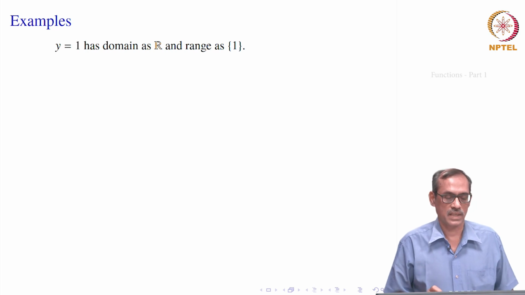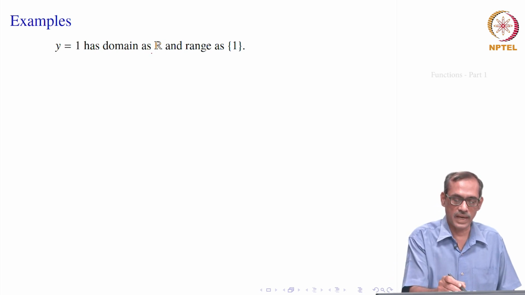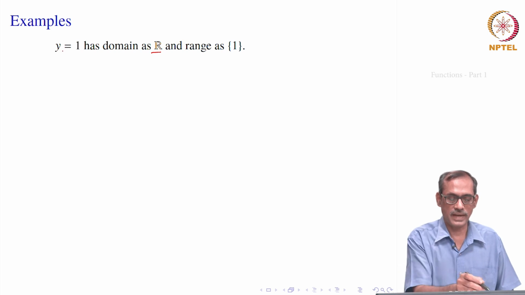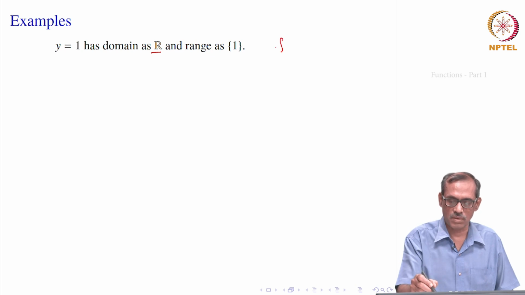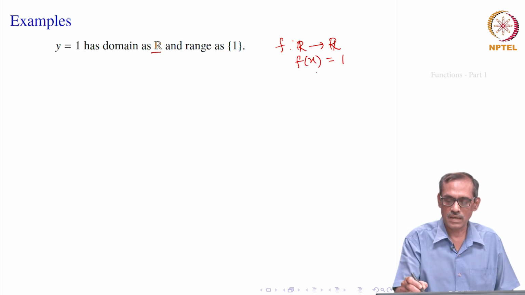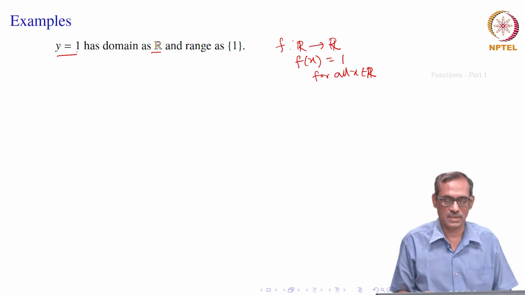Let us say the first simplest example, that f is given by f of x equal to 1 for every x in R. We write in a short form that y equal to 1 is a function, taking the terminology y equal to f of x as a function. Actually, if you write it, the function will be f from R to R given by f of x equal to 1 for all x in R. This is how the function will look like, but in short form we will say y equal to 1 is the function.